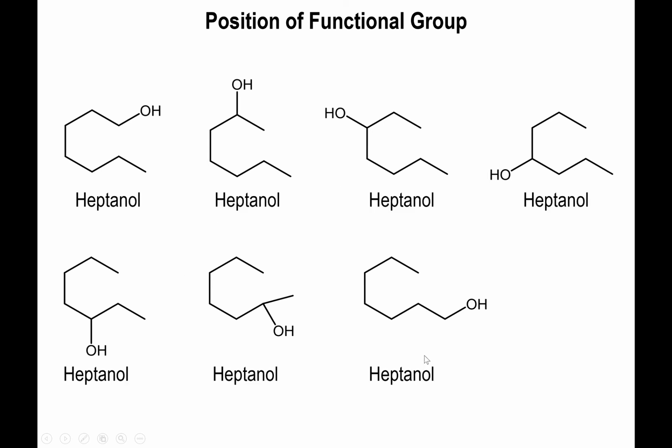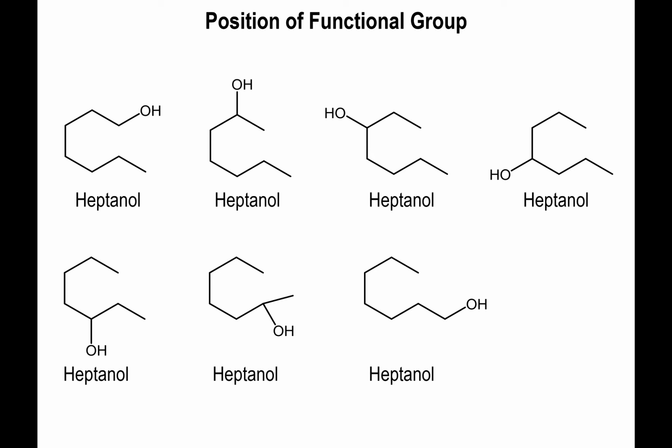And all of these molecules will still be called heptanol because they all have 7 carbons in a row, and they have the OH functionality bound to carbon, which makes them alcohols. So the thing that will allow us to separate them and distinguish them from one another is where on the carbon chain this hydroxyl group is positioned.